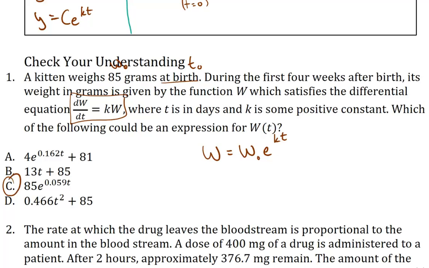So C is going to be my correct answer, but just to double check, I can plug 85 in for the weight at birth. The other thing I can think about is that k is a positive constant. That matches because weight should be increasing. So I should have W equals 85 e to the some number times t. So my answer is C.